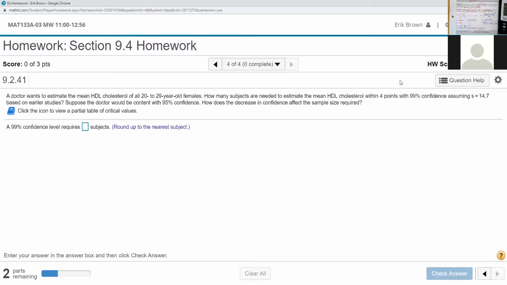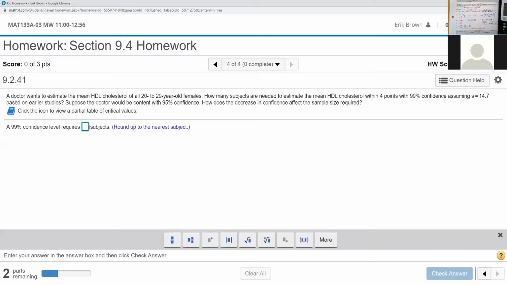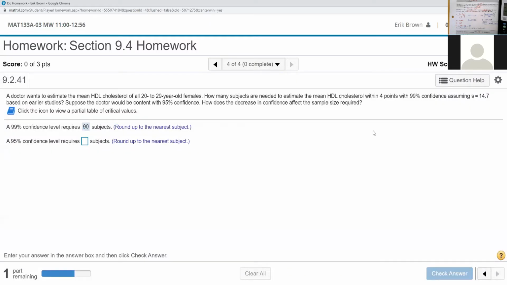So that's that 4 right there. There's the within you were talking about. There's your E. I get that this is 89.62 something, so we should say 90 here. Let's see if I'm right. Hey, that feels good. And then you repeat and do the same thing, except that we're changing the confidence level.